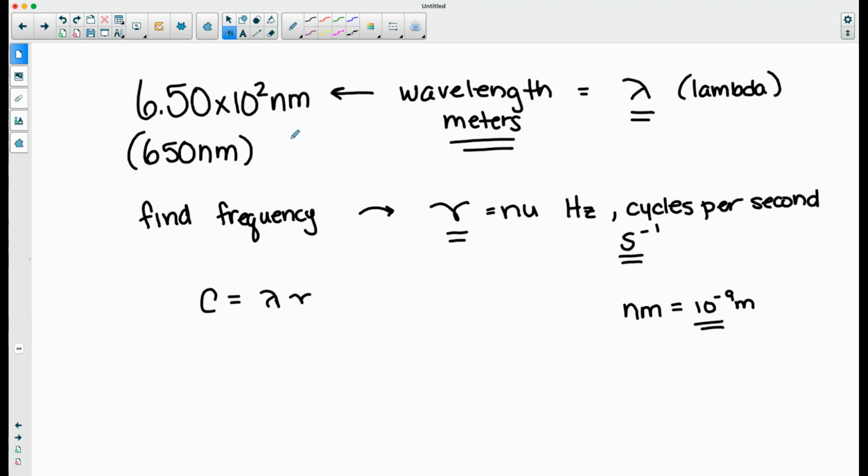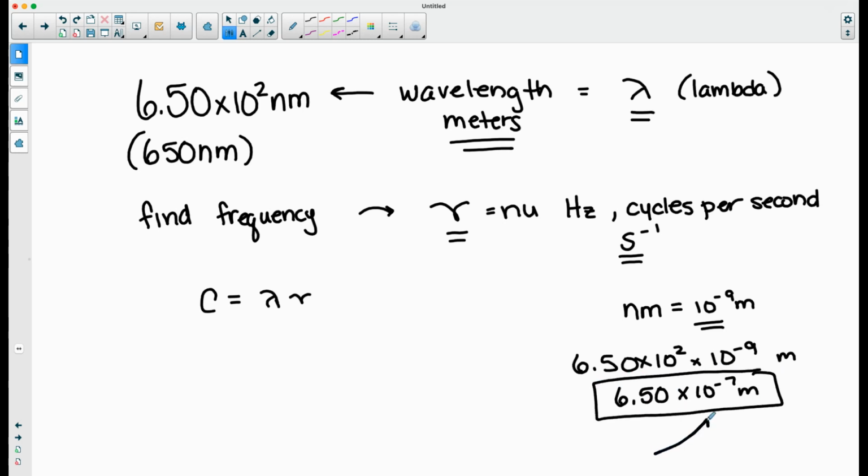I'm going to say that it is 6.5 times 10 to the 2 times 10 to the -9 to get my value into meters, right? I take the n out and I multiply by 10 to the -9. So now 10 to the 2 times 10 to the -9 becomes 6.50 times 10 to the -7 meters. Most of our visible light is going to end in 10 to the -7 for our meters for the wavelength.